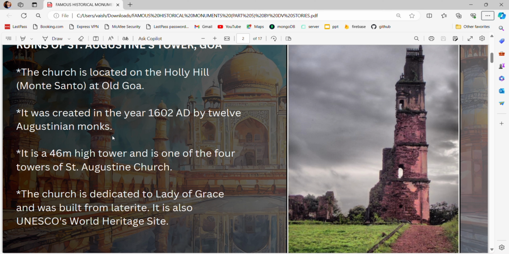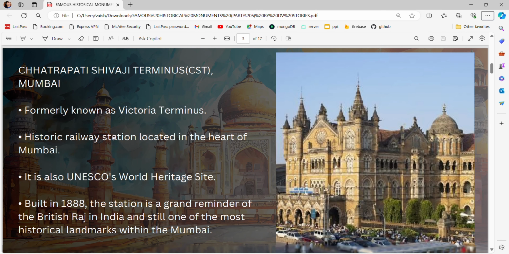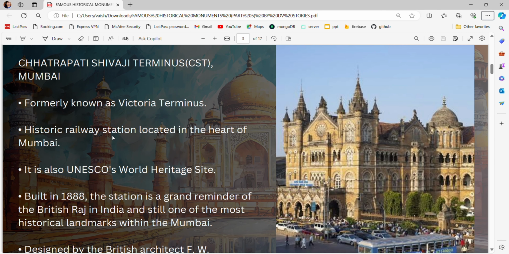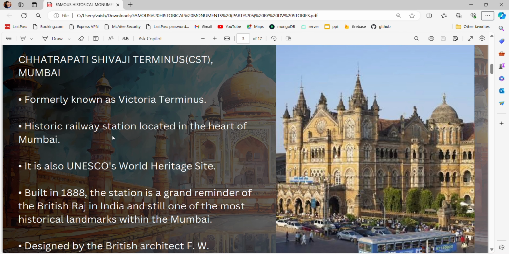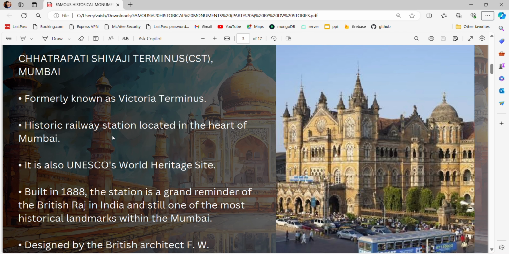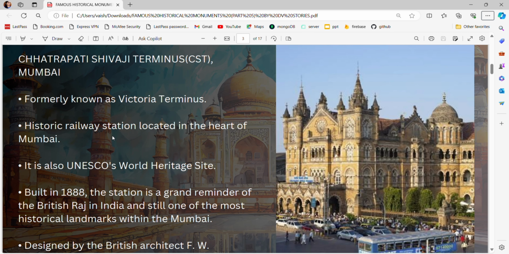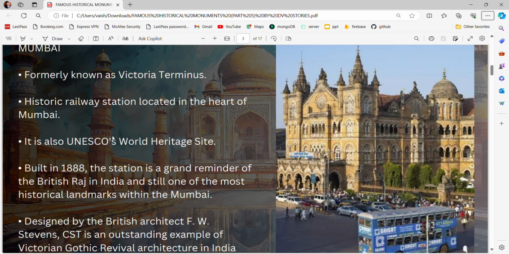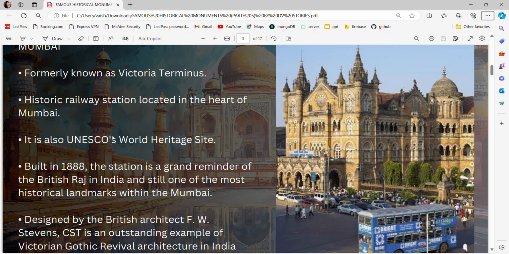And moving to the next, that is Chhatrapati Shivaji Terminus, located in Mumbai, formerly known as Victoria Terminus. It is a historic railway station located in the heart of Mumbai. It is also a UNESCO World Heritage Site.